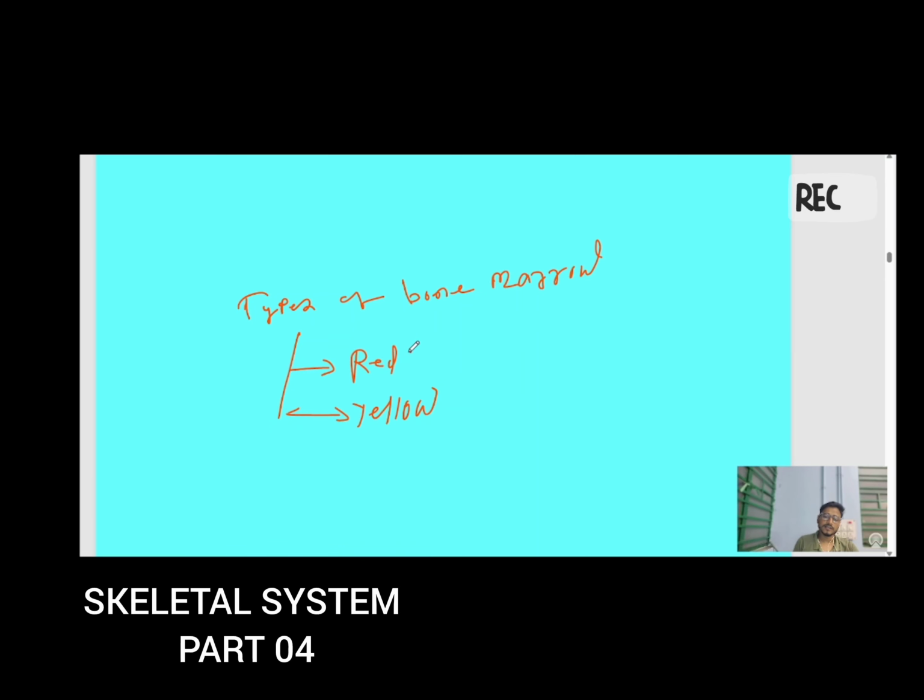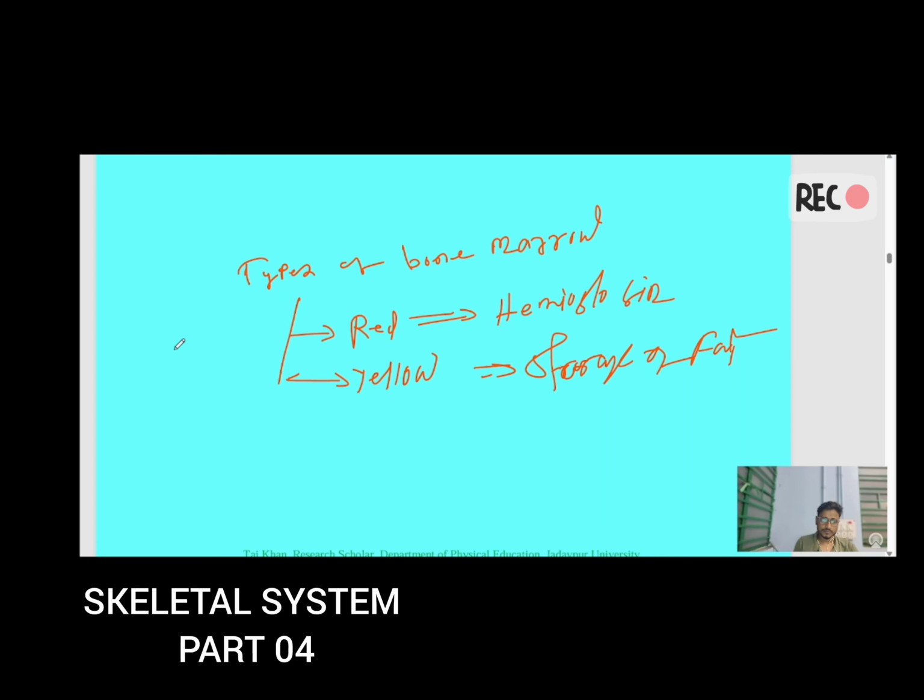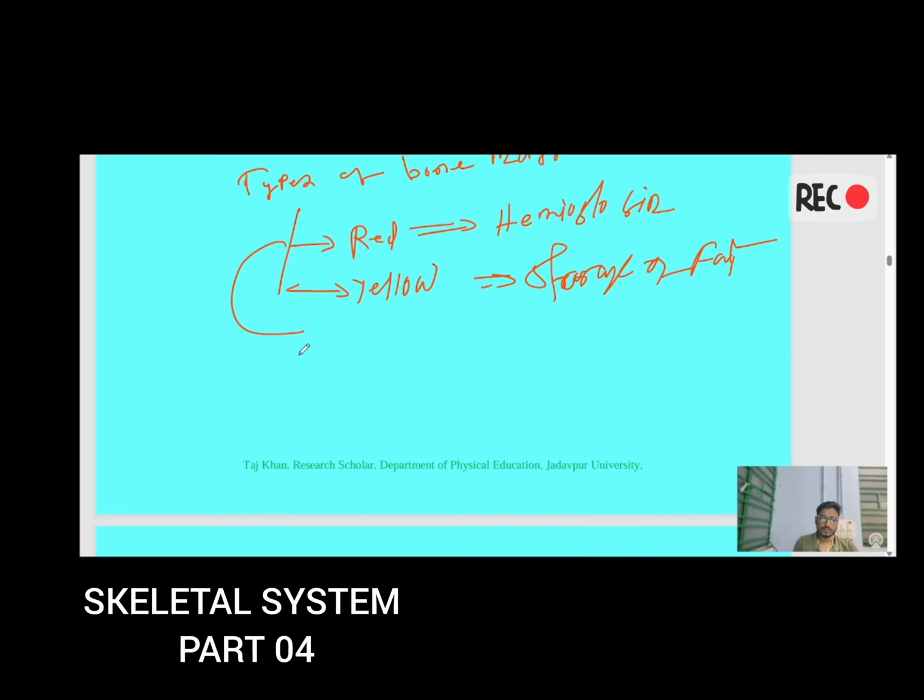Why is it red? Due to hemoglobin. And yellow due to storage of fat. Red bone marrow produces blood cells.